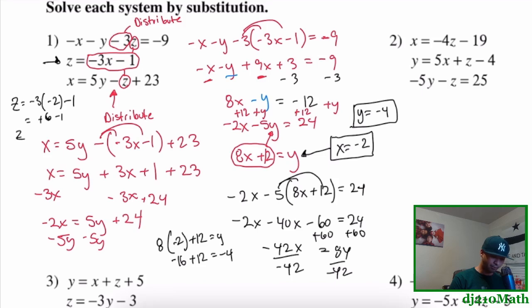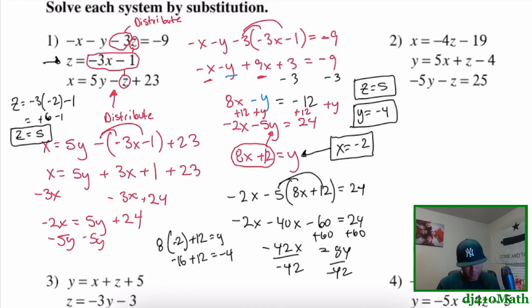Z is equal to 5. Okay, so that was substitution method. Substituting the entire way. I mean, do you have to do substitution the entire way through? It's debatable.